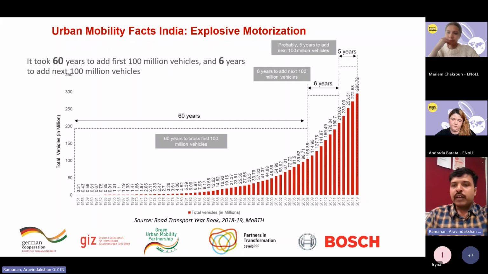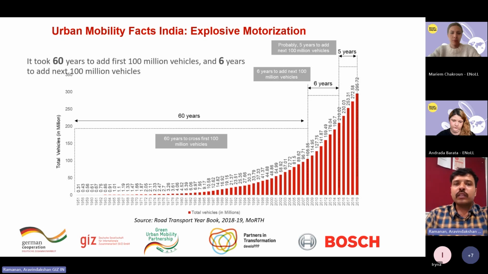So the city has grown exponentially, and the city was not planned for that. Because of this, congestion has been a huge issue here, associated with air quality issues. If you see global indexes like TomTom and other traffic indexes, you will find Bangalore among the slowest moving cities.